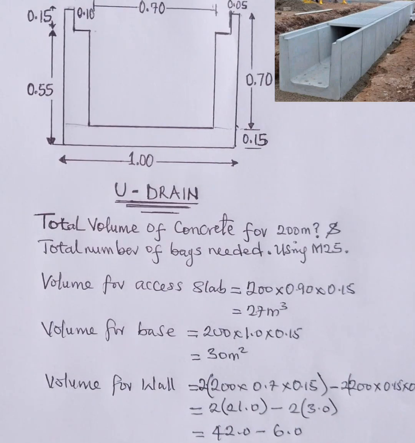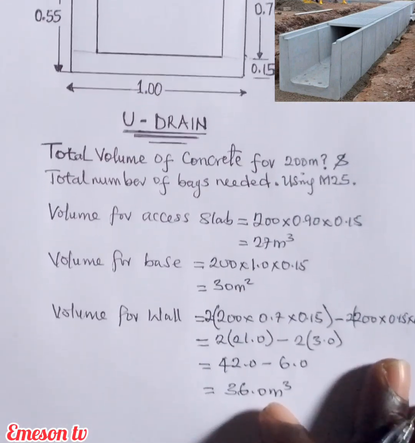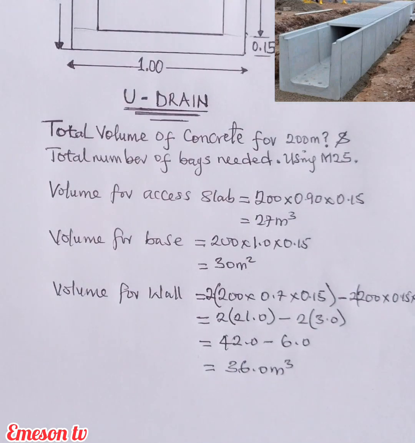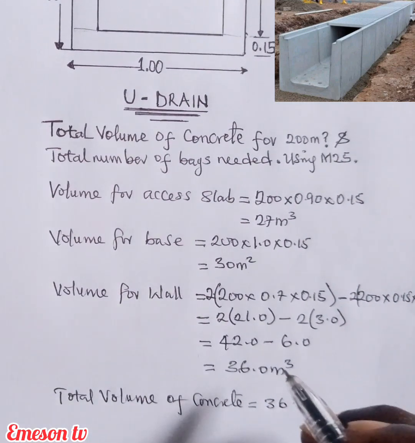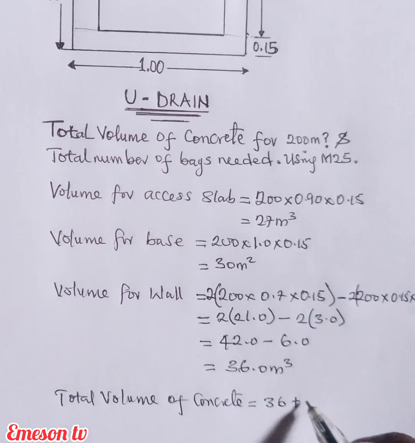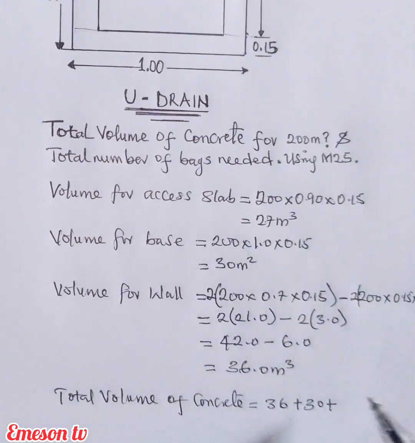So now the total volume of concrete for this drain becomes this for the wall plus this for the base plus the slab, 27.